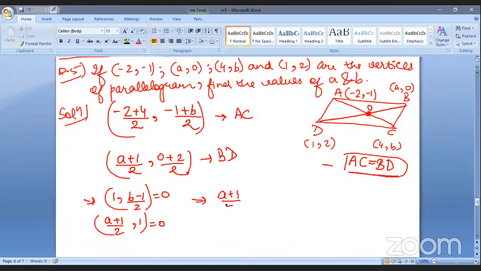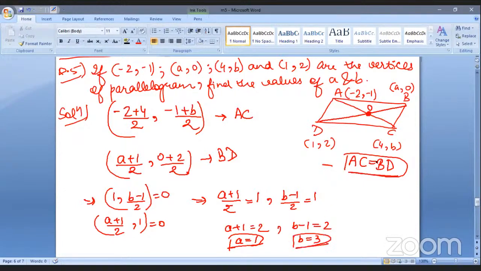This entity would be equal to 1 and this entity will be equal to 1. So A plus 1 is equal to 2, so A is equal to 1, and B minus 1 is equal to 2, so B is equal to 3. So what we have done here: we applied that the diagonals AC and BD are equal, and that this midpoint belongs to both, it will be the midpoint of both.